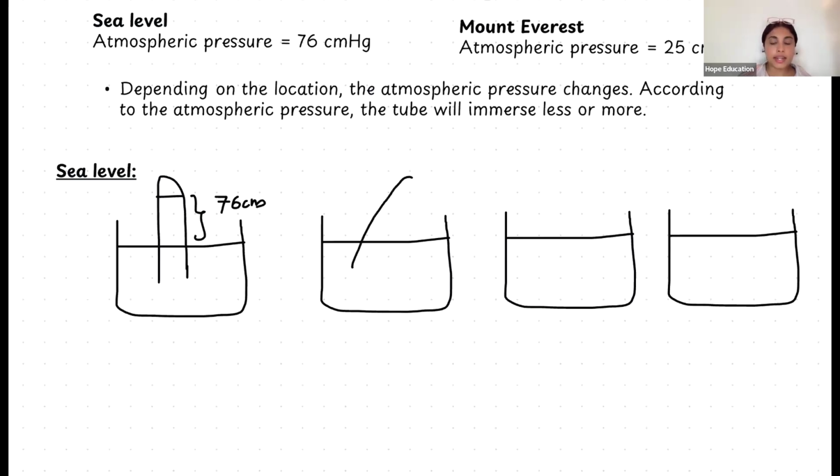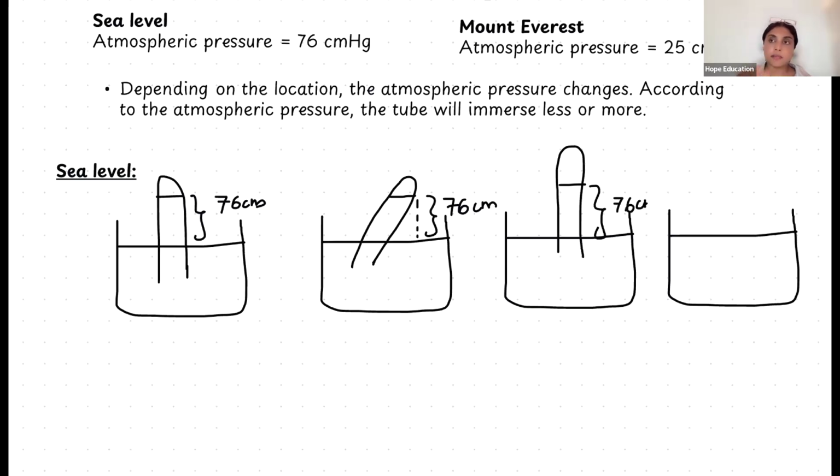Here I measure not the length along the tube but the perpendicular height. So if the tube is inclined and I still measure the perpendicular height, that will still be 76 centimeters. Suppose I lift the tube up a little, still the height will be 76 centimeters. Okay?